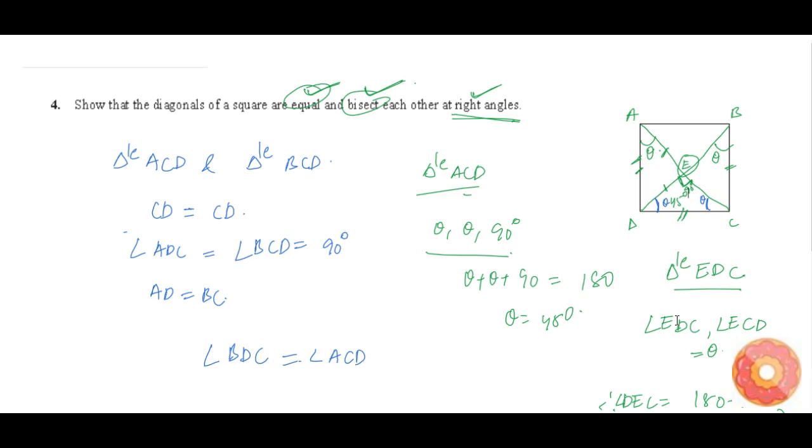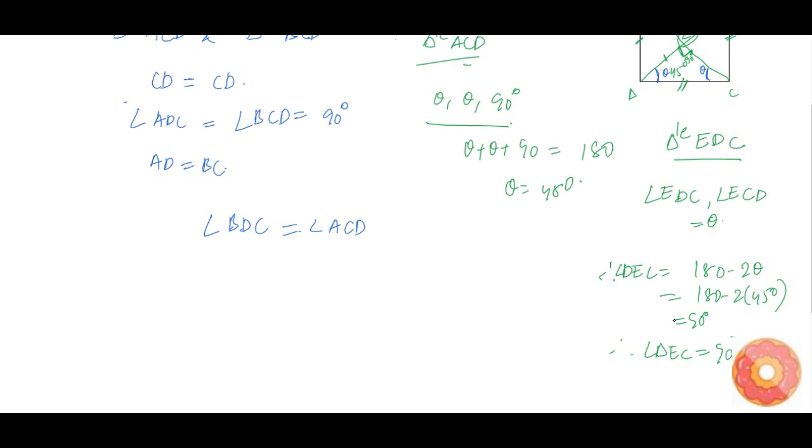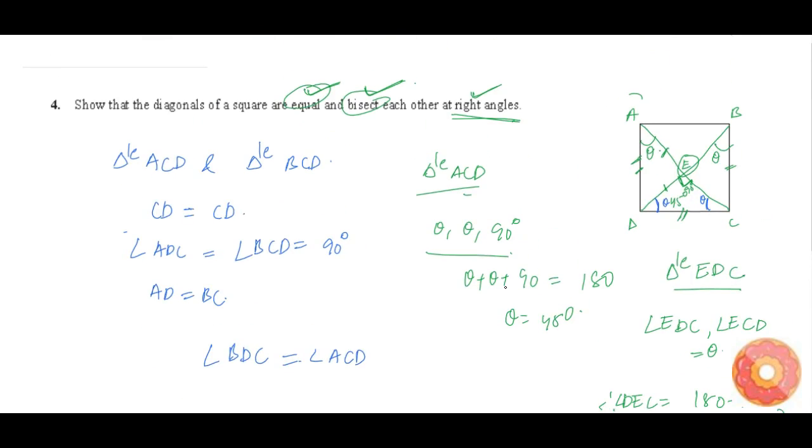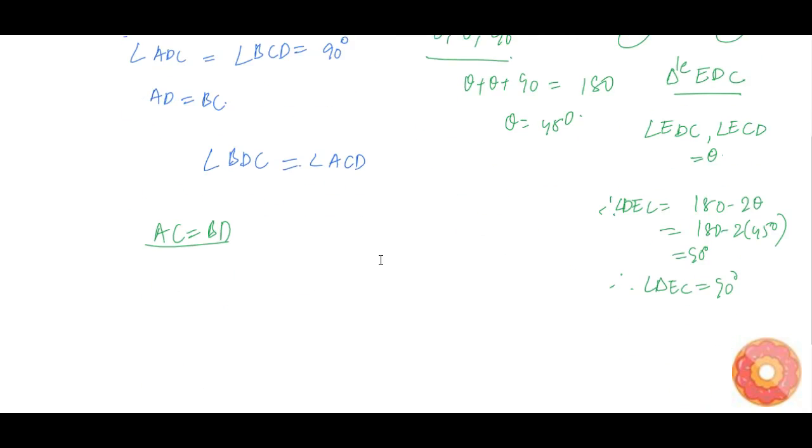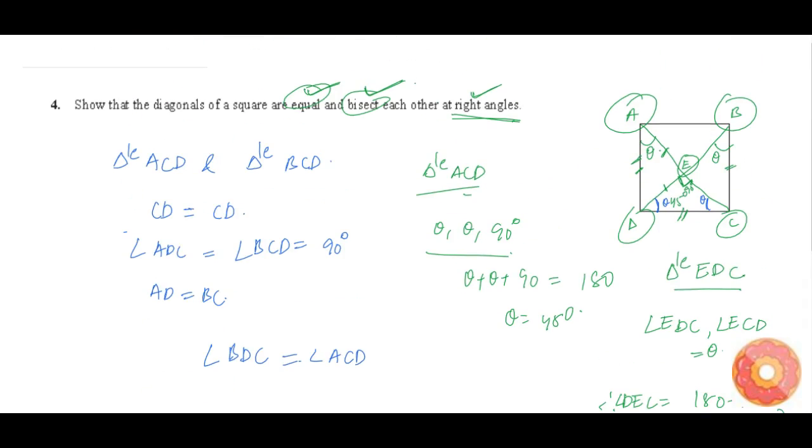From the congruent triangles, we know that AC is equal to BD. Now AC and BD are nothing but diagonals. Therefore I have shown that diagonals are equal and diagonals intersected at right angles. Now I need to show that intersection is a bisection.